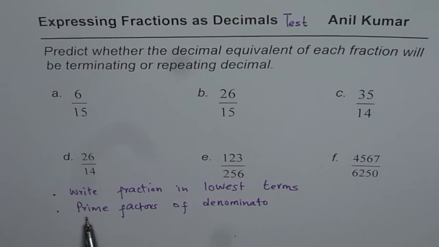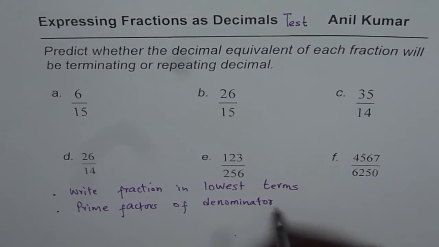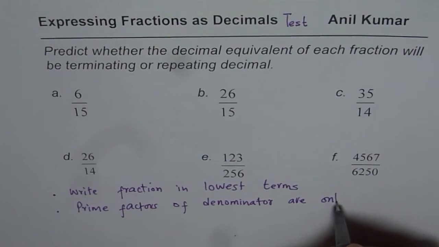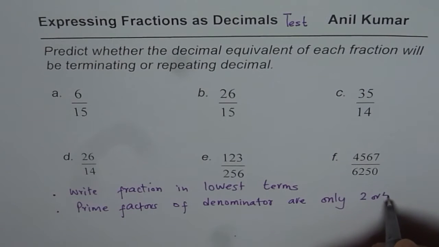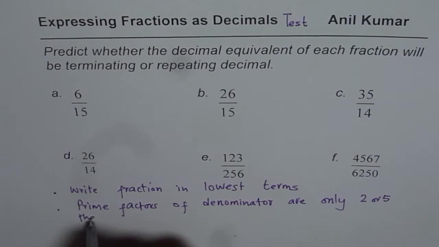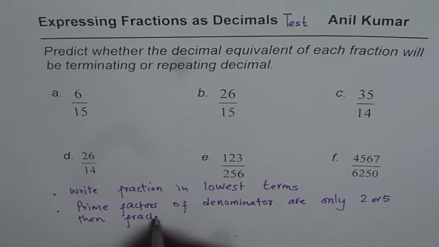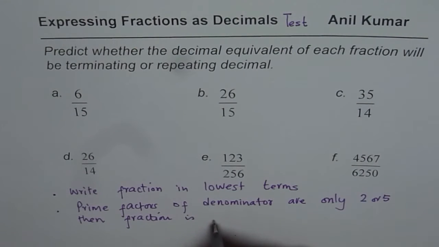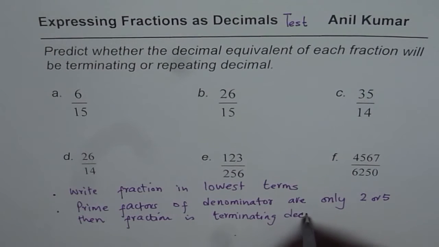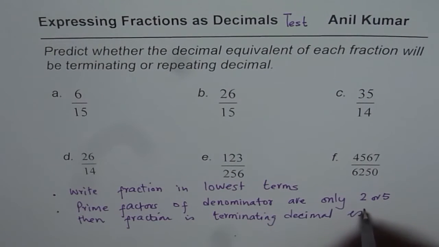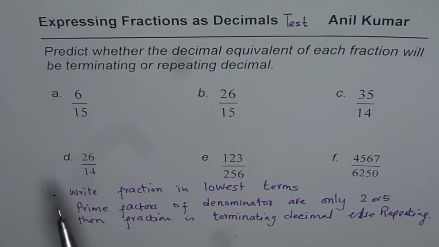So you need to check if the prime factors of the denominator are only 2 or 5, then the fraction is terminating decimal, else repeating. So that is how you can check, right? So you can do these two tests to find out the answer.